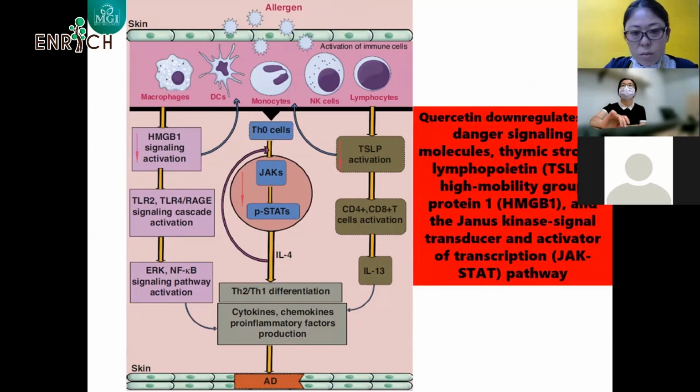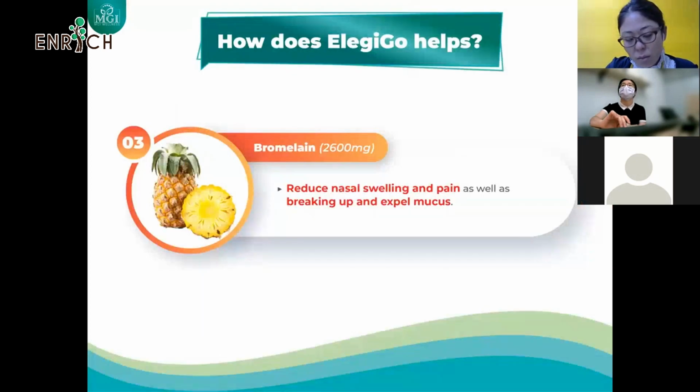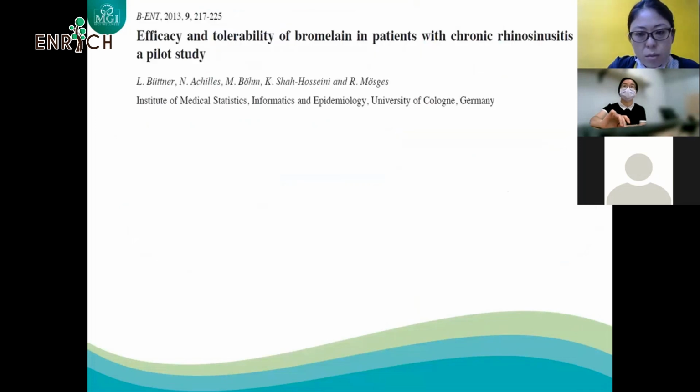So what quercetin does is it downregulates the danger signaling molecules of all these top parts, which then inhibits the remaining Th1 and Th2 imbalance, as well as the cytokines, chemokines, and pro-inflammatory factors production. So we have also added bromelain, which helps in reducing the nasal swelling and pain, as well as breaking up and helping to expel the mucus.